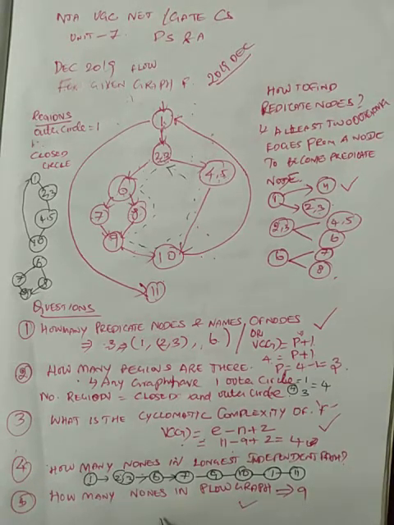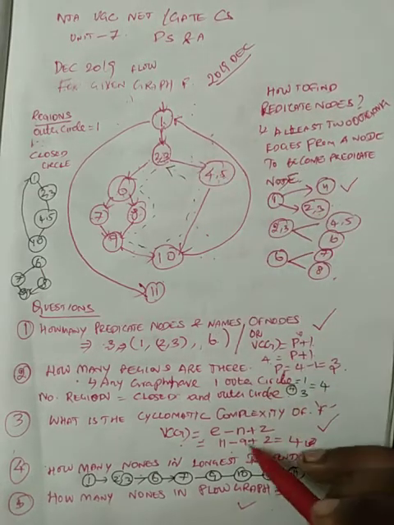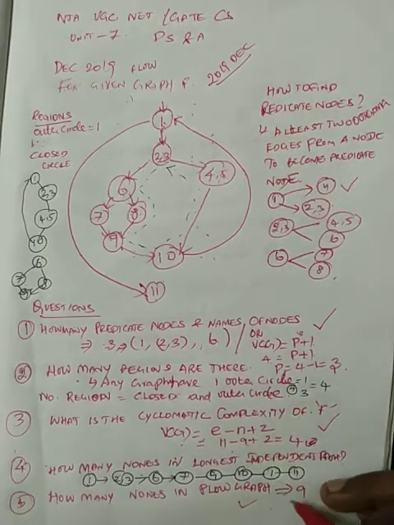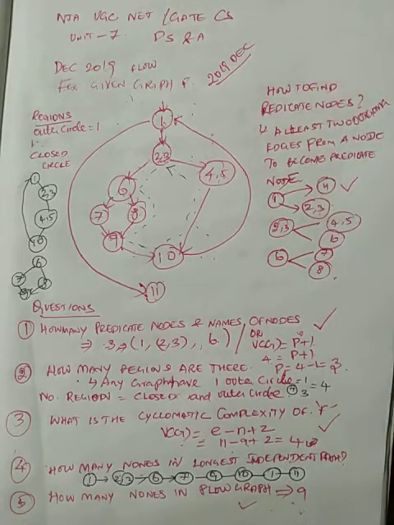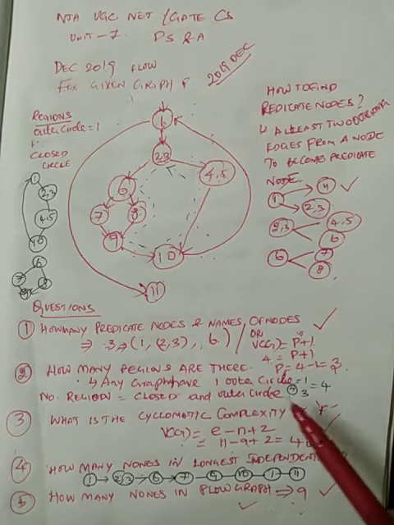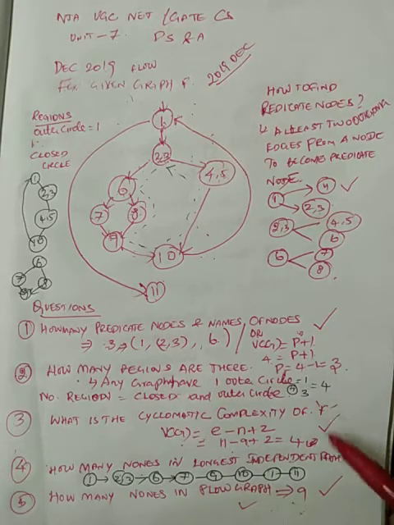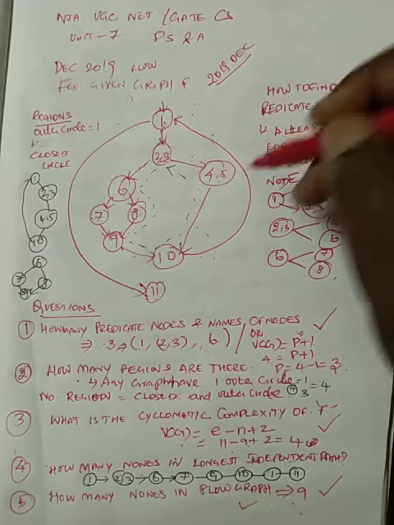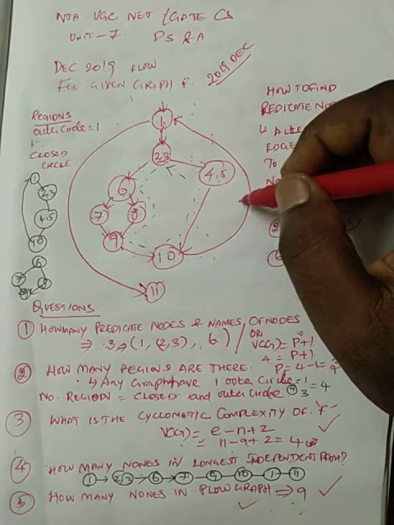How many nodes in the flow graph? Simply counting, we already know the number of nodes equals 9, so the answer is 9. Now question number 5 is also solved, and on to question number 2: how many regions are there? How do we check what a region is? Usually any flow graph has one outer region.